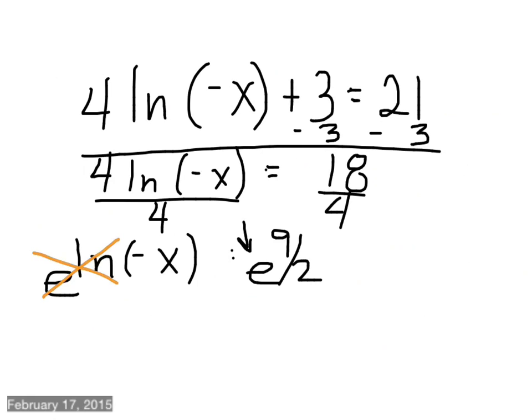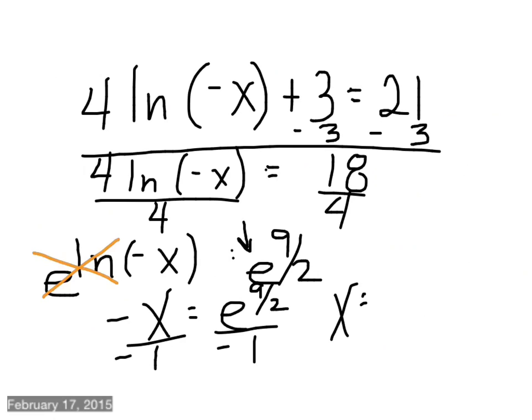So what that does is it gives me negative x equals e to the 9 halves. Which, again, is what we have a calculator for. Now, how do I solve for just x? Divide by negative 1. Then in your calculator, you're going to have e to the 9 halves, or 4.5, divided by negative 1.